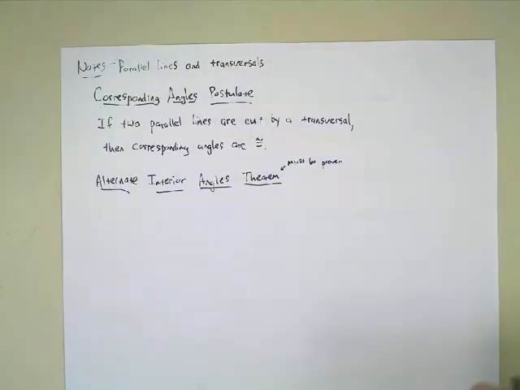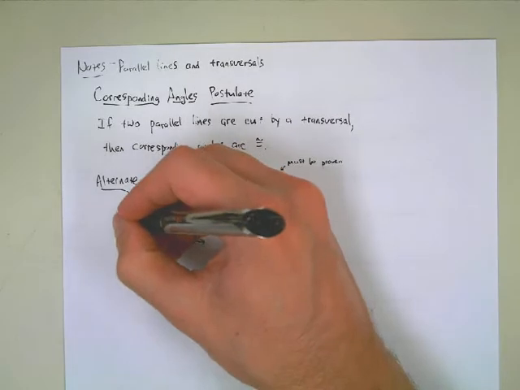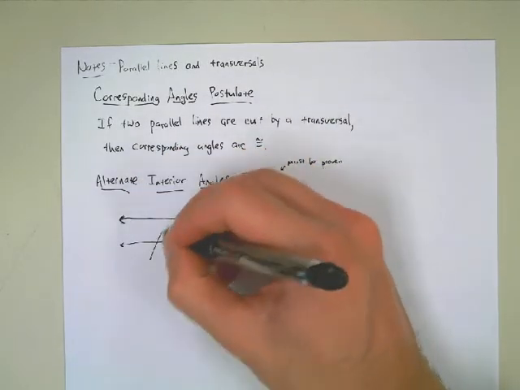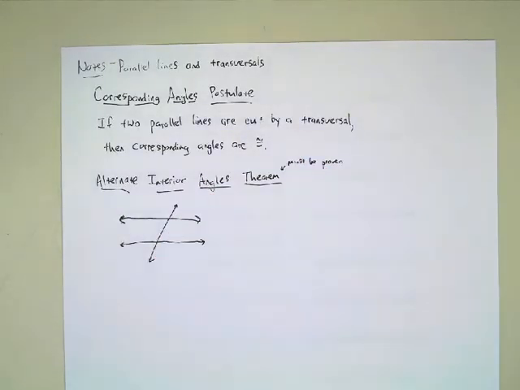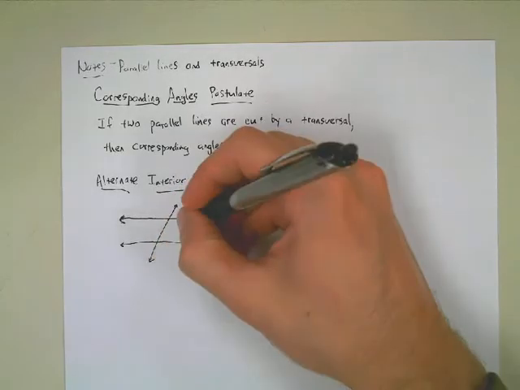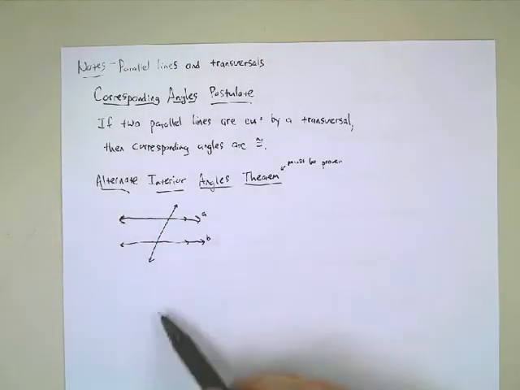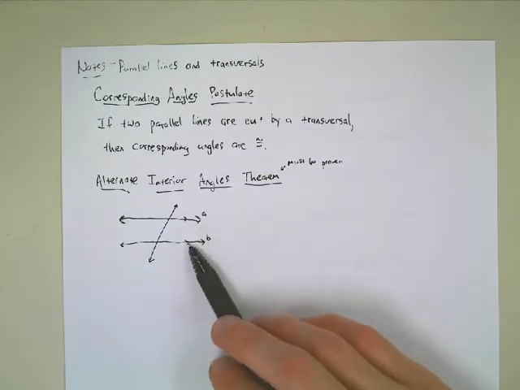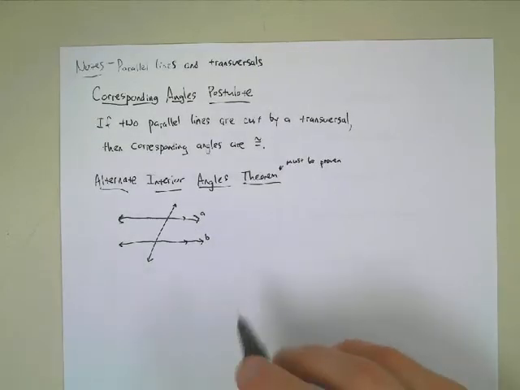So let me draw a picture here, just for our own benefit of the proof. I'll have my little transversal drawn right there, and I'll call these line A and line B. Notice that I indicated these two lines are parallel, even though my terrible sketching skills don't make them look very parallel, but you see they're marked that way, so we'll just take my word for it.